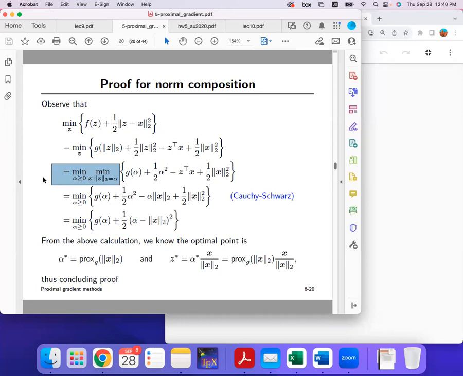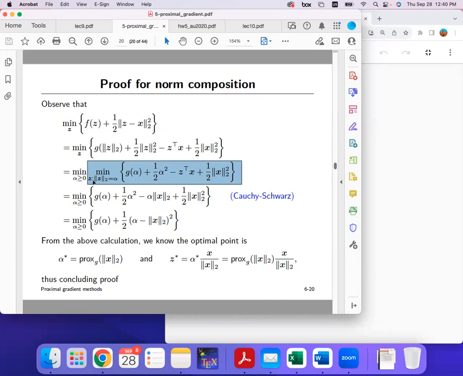Okay. Now the nice thing is that in this line, we can first look at the inner problem. There are two levels of minimization problem here. The inner minimization is for a fixed alpha.